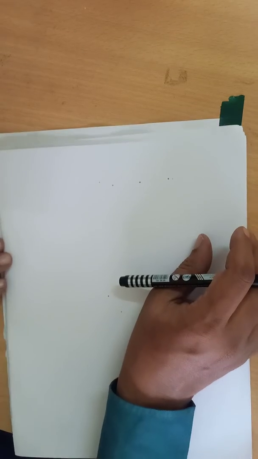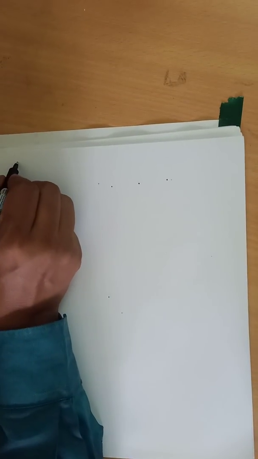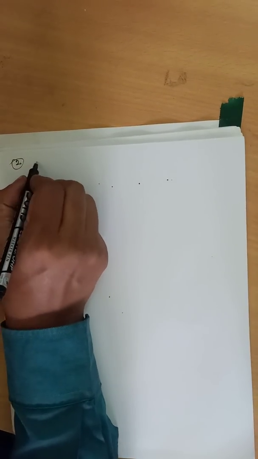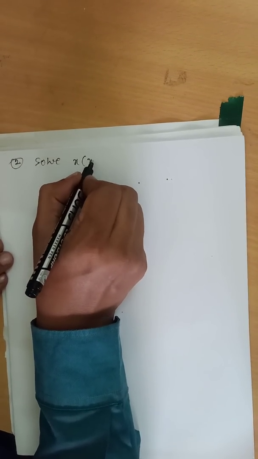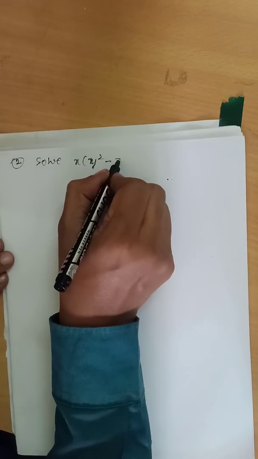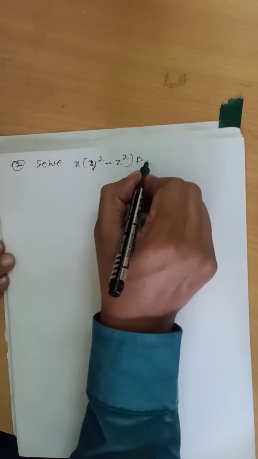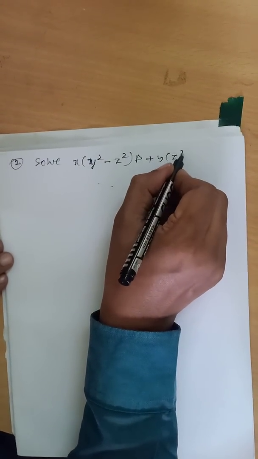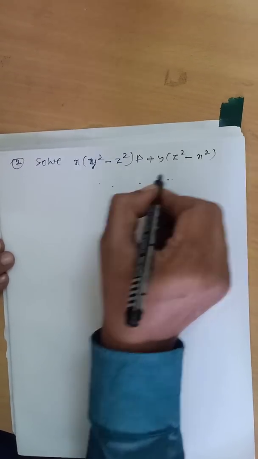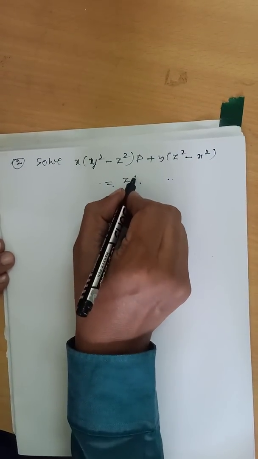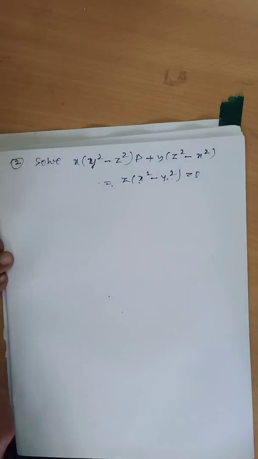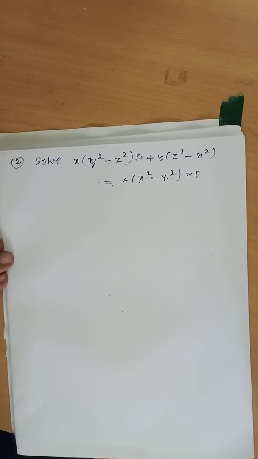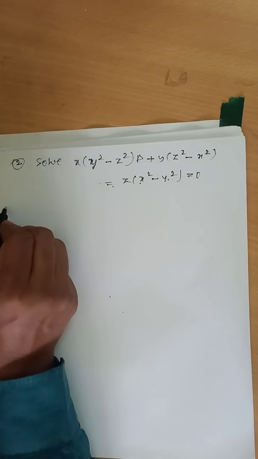Next problem. Solve x into y square minus z square p plus y into z square minus x square q is equal to z into x square minus y square. Solution.